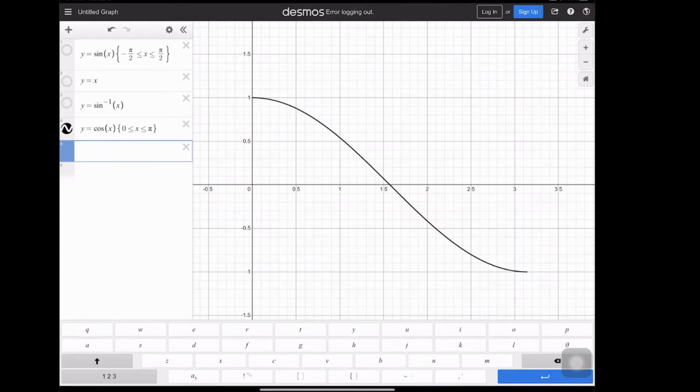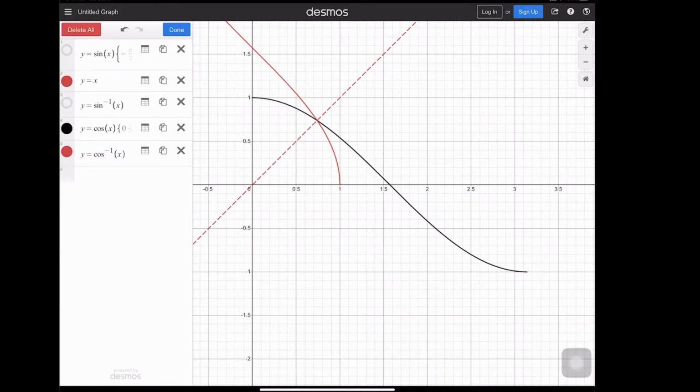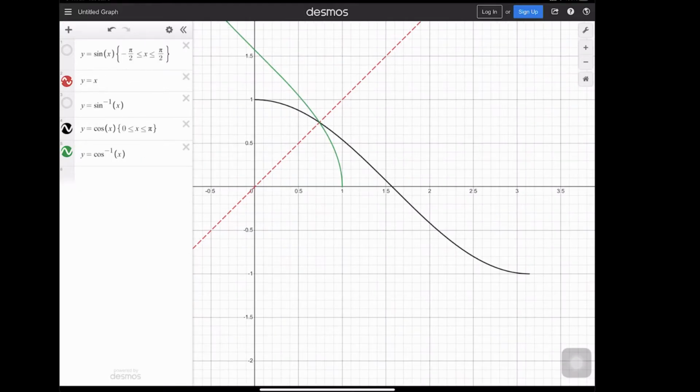Well, you guys know something. You have y equals inverse cosine x. And again, I'm going to change this to maybe green, I guess.